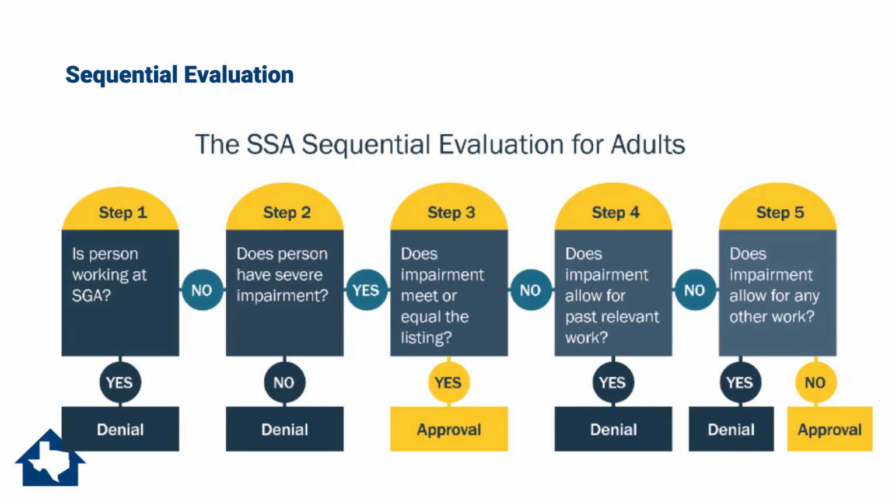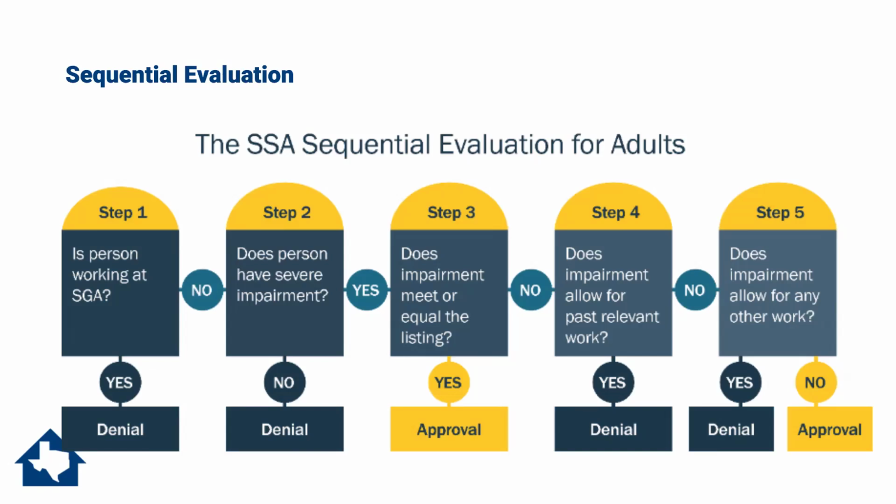These listings of medical conditions and mental health conditions do not always equate to the same conditions that are in the DSM, for those of you familiar with the diagnostic manual for mental health. From there, if it's a no, step four: does the impairment allow for past relevant work? Meaning, is this individual still able to take employment? Can they still work? If it's yes, they're going to be denied most likely. If it's no, it moves on to step five.